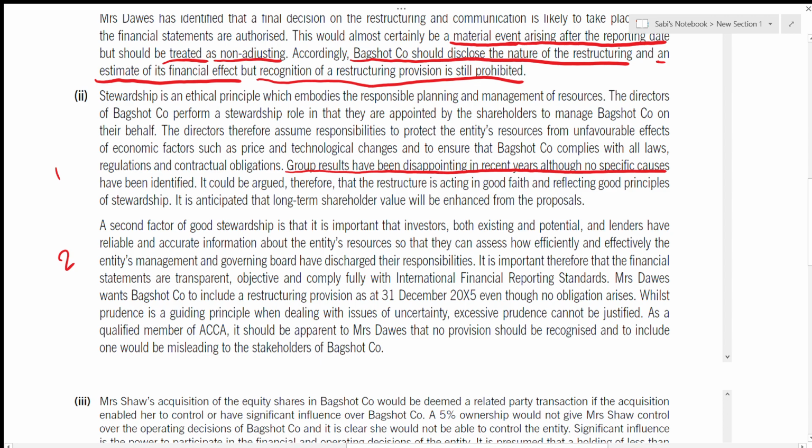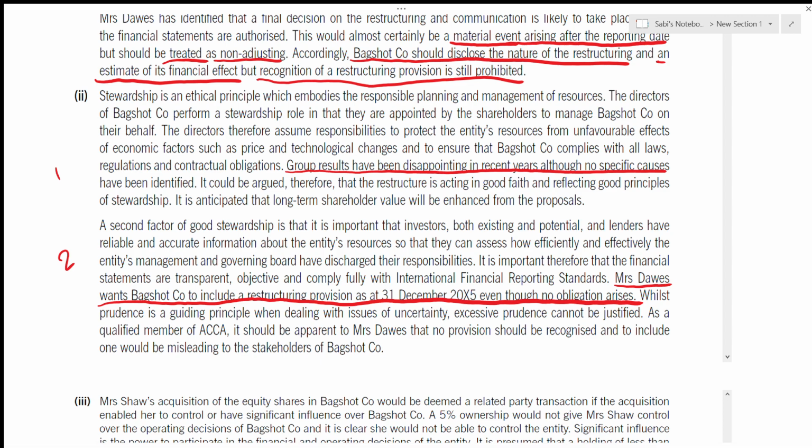Mrs. Dawes wants Backshot to include a restructuring provision as of 31st December 2005, even though no obligation arises. Now I will highlight this. Even though no obligation arises, still she is insisting that Backshot company should include a restructuring provision.